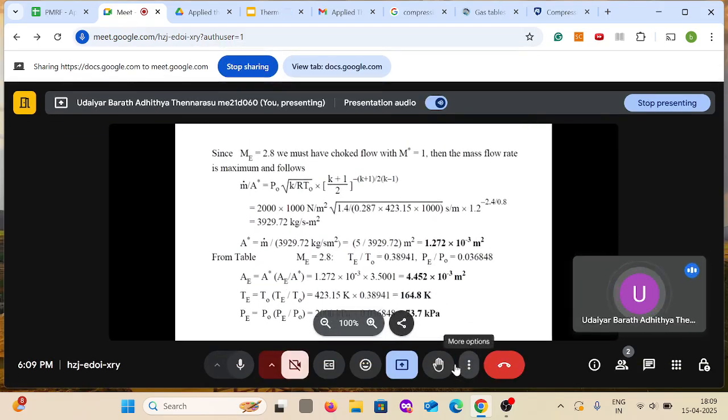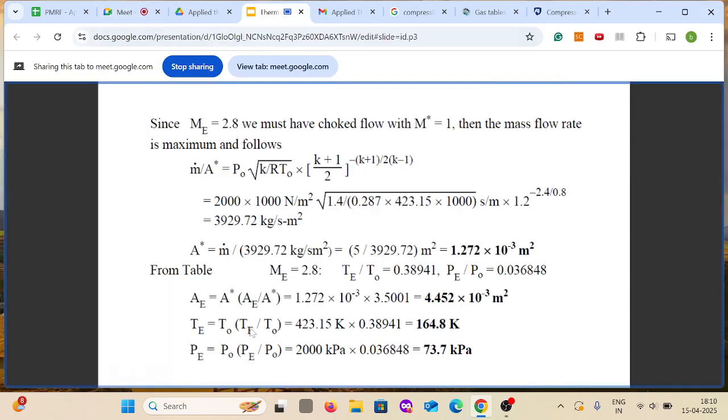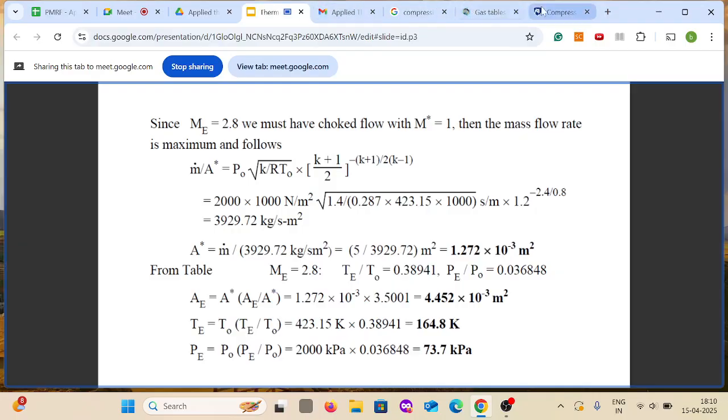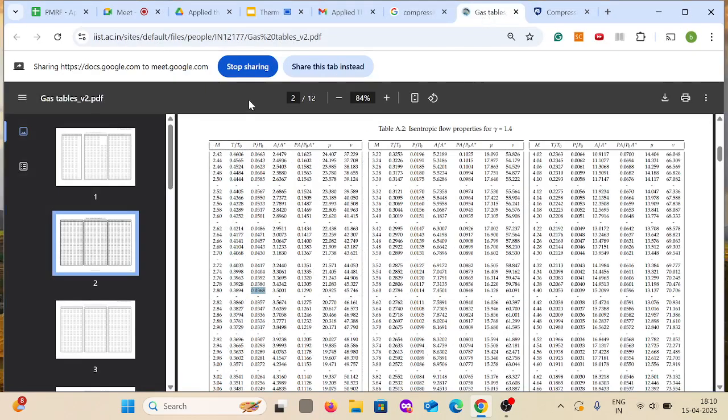So that's what is written here. So we can find out the exit temperature and exit pressure using the chart or using the table, and then your exit area is A star into AE by A star. So that value can also be obtained from chart.